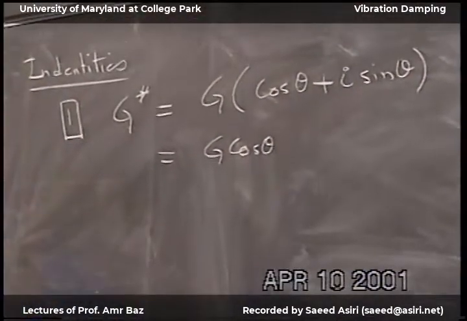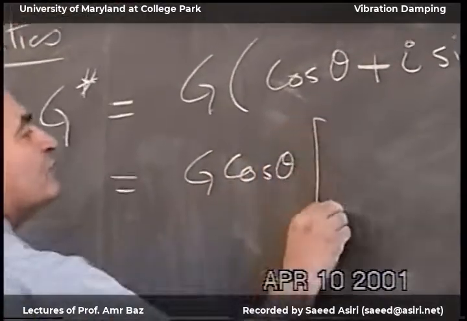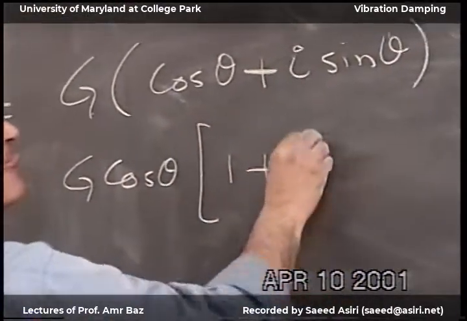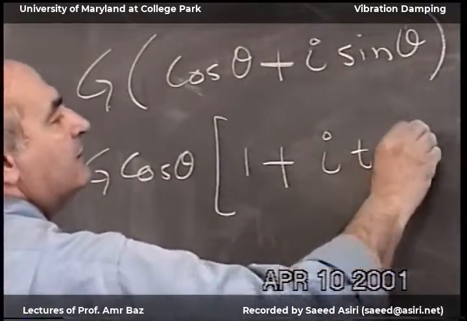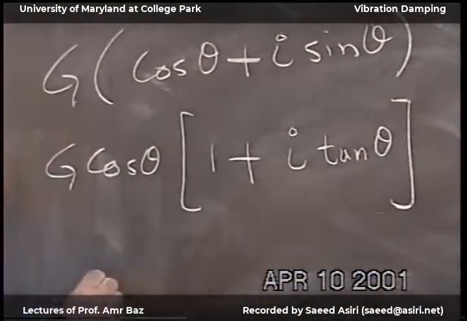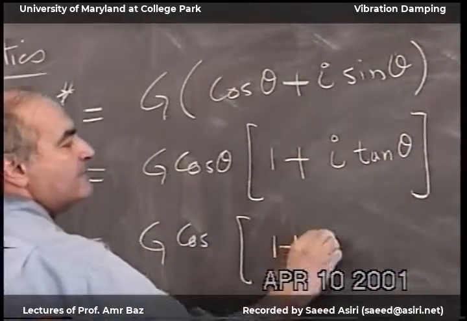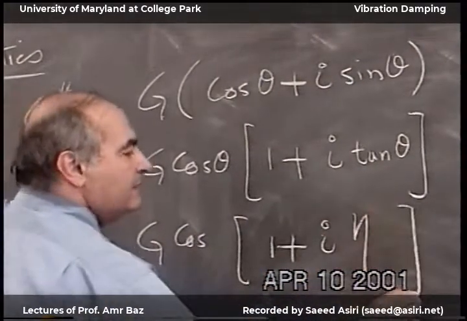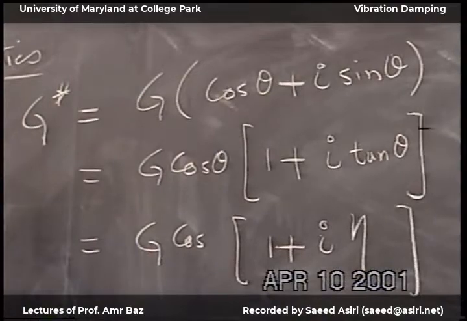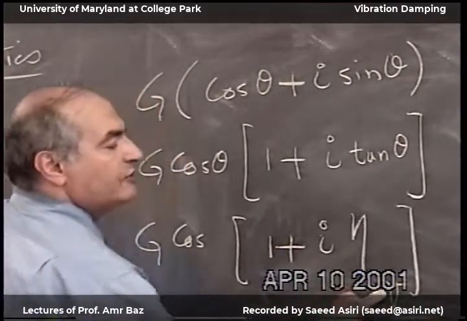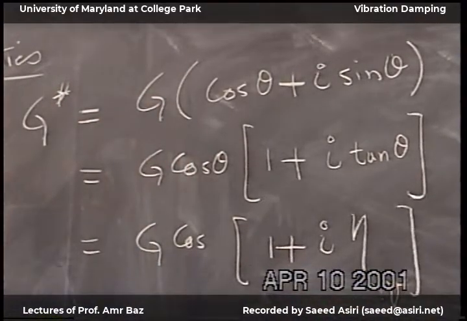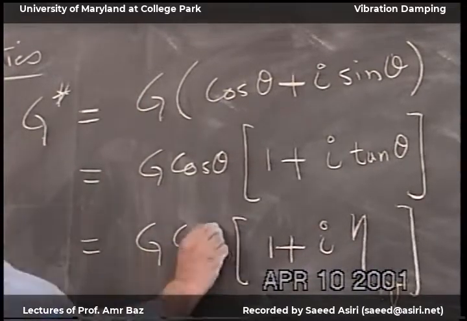If I factor out the cosine outside, so this would be 1 plus I tan theta, or I eta, and this eta will be the loss factor of the viscoelastic material.